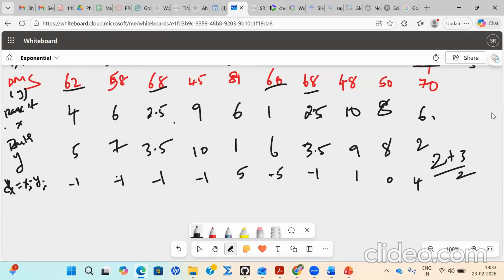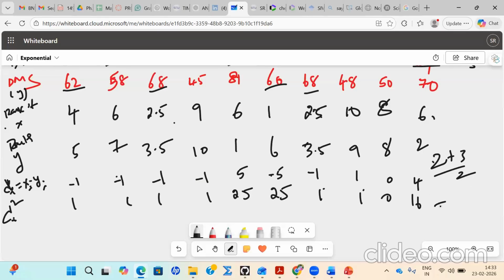Now the thing that I have told you: for di square, they will try to add these and then take the square, but when you do that, you'll get 0. Don't do that. Calculate di square separately: 1, 1, 1, 1, 25, 25, 1, 1, 0 and 16.